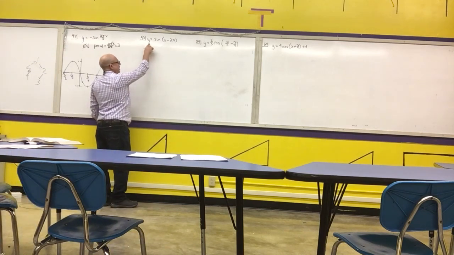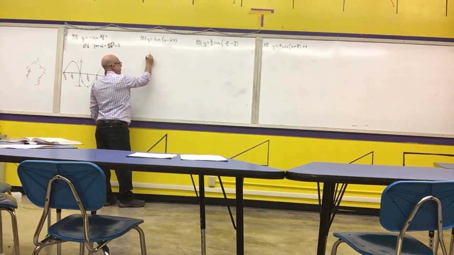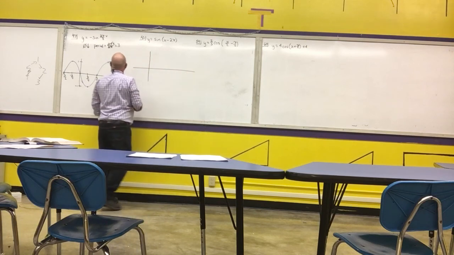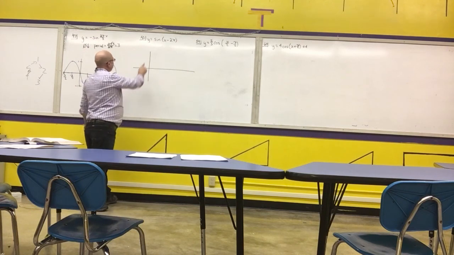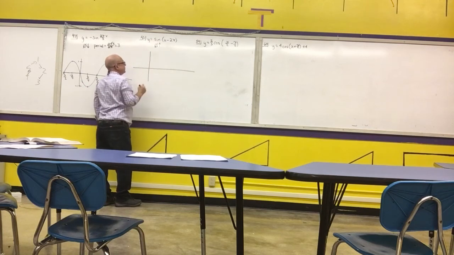Next graph is y equals sine of x minus 2 pi. So again, the first thing I want to know is which direction is my graph going? My graph is a sine function, so it starts at 0. It's positive, so it's going to be going up.